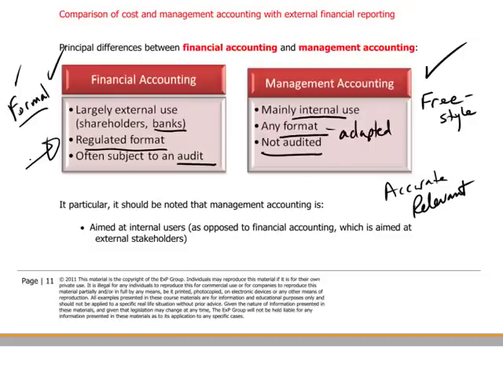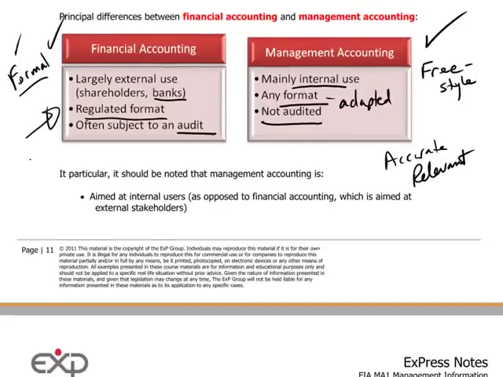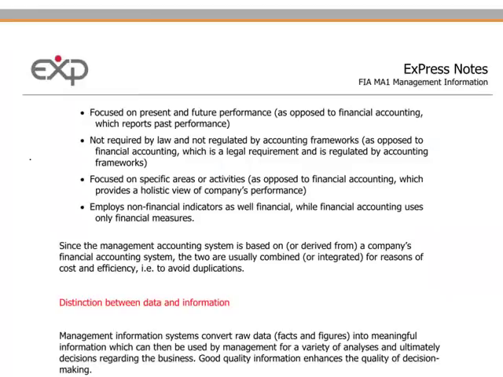There is another distinction between financial accounting and management accounting which is very useful to keep in mind, and that is financial accounting deals with financial information, whereas management accounting is broader. Management accounting looks at non-financial indicators as well, in terms of how well the business is operating. Let's take an example.